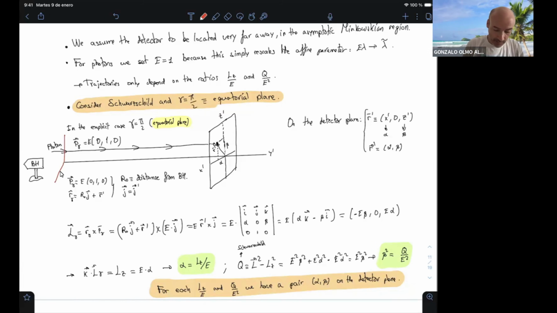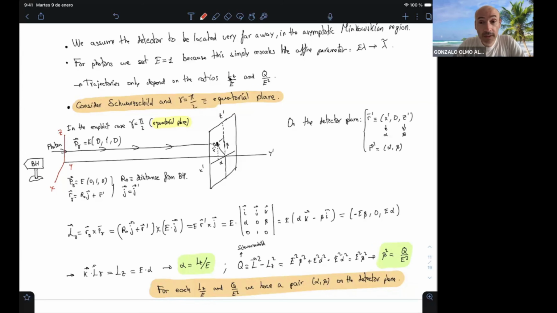The axes will be x, y, and z. But it's very, very far away in that direction. And here we have the x prime, y prime, and z prime. So photons coming from the black hole will have a spatial momentum like this. It is pointing in the y direction.